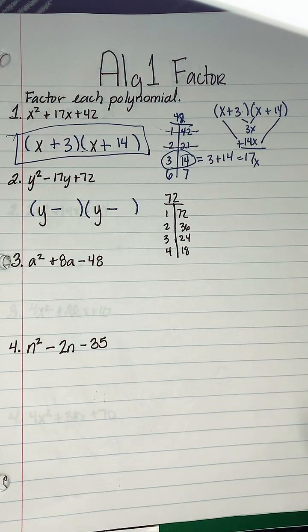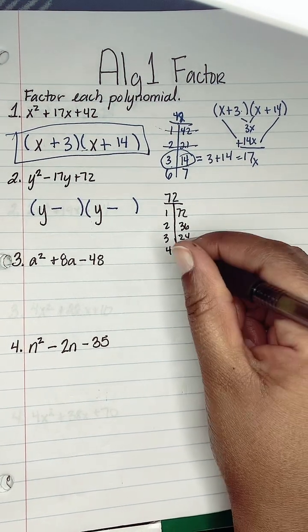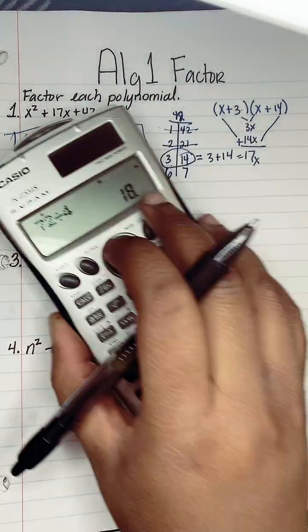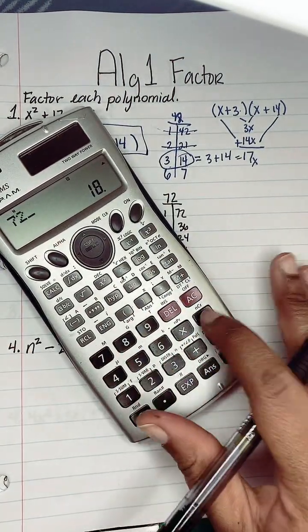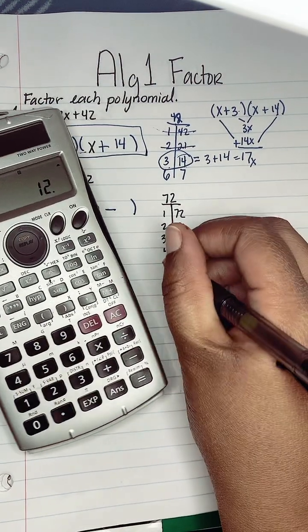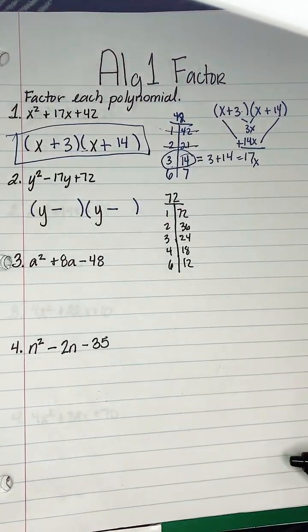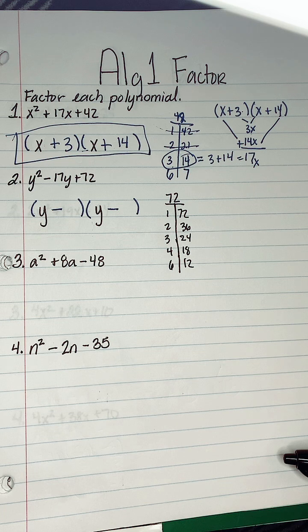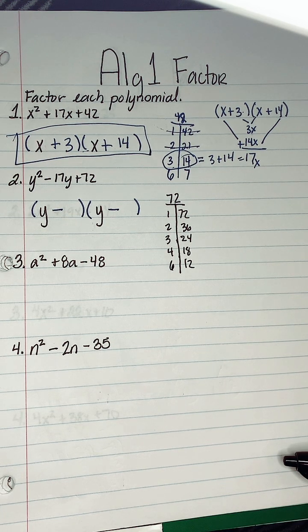Do we have it yet? Nope, gotta keep going. 5 doesn't work. Let's do 6. 72 divided by 6 gives us 6 and 12. Do we see it?